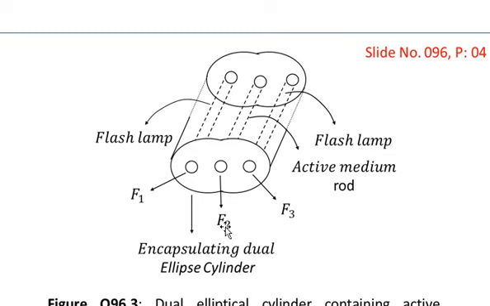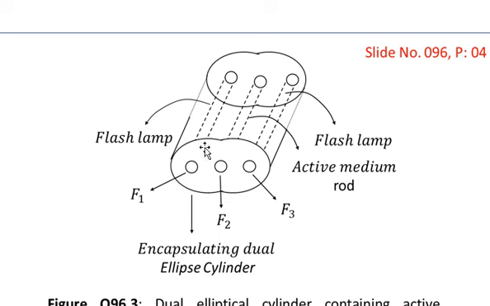And you see that this is an encapsulating dual ellipse cylinder. So we can have a specular reflection inside this encapsulating cylinder, so that the light can be focused maximally onto the active medium rod.